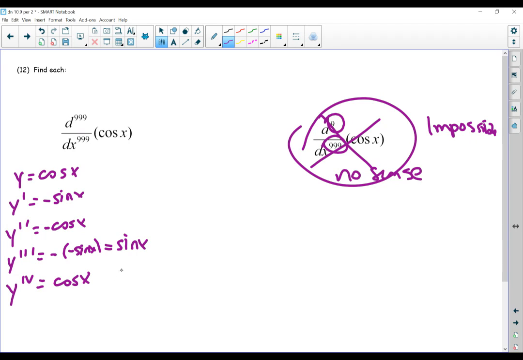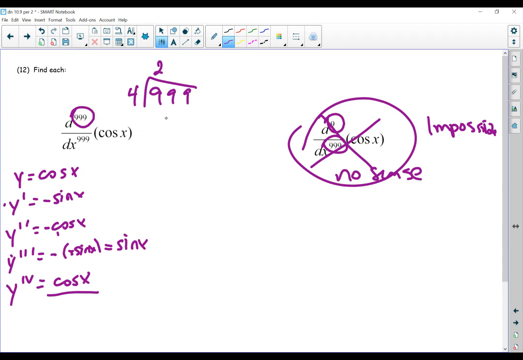It repeats every 4. There was something else in mathematics that repeated powers every 4. I should marinate on that. So let's think about it. If I want the 999th derivative, well, every 4th derivative is going to end up on cosine. So 5, 6, 7, 8, 9, 10, 11, 12, 13, 14, 15, 16. So what I would do is I'd say, okay, how many times does 4 go into 999 with what remainder?